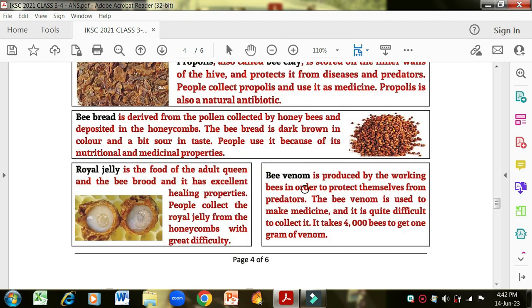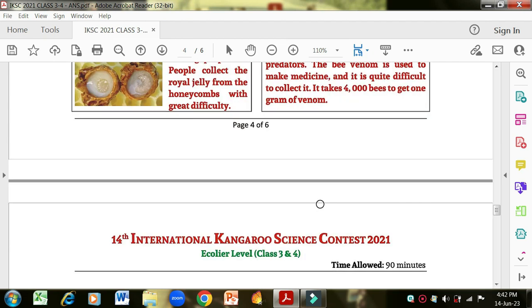Then royal jelly is the food of the queen. And then bee venom is the poison of the bee that helps the honeybees to keep the predators away from the beehive, and it is also used in medicine.